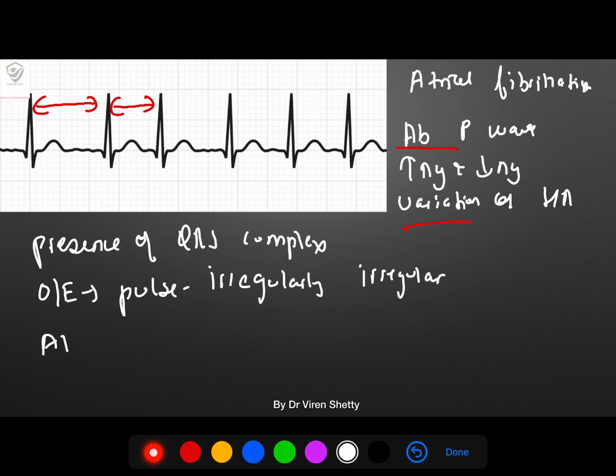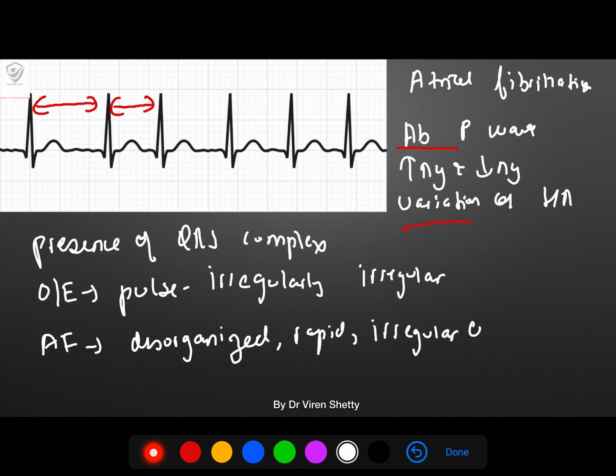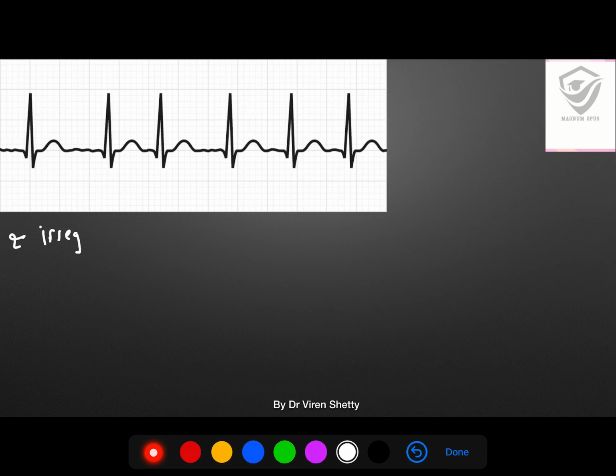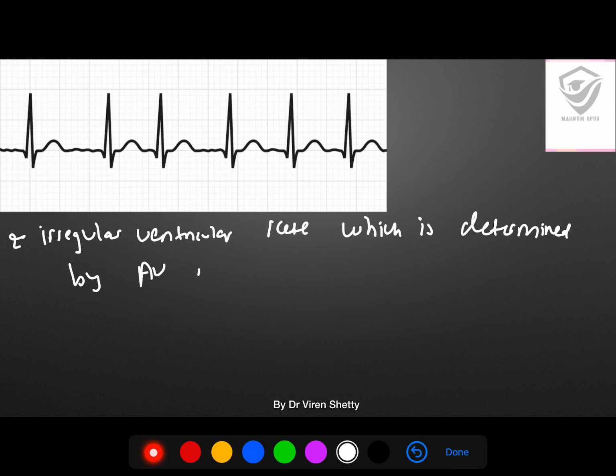So basically, atrial fibrillation is what? It is a disorganized, as you can see by the heart rate, rapid, irregular atrial activation with loss of atrial contraction and irregular ventricular rate, which is determined by the AV nodal conduction.